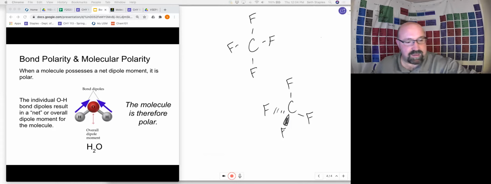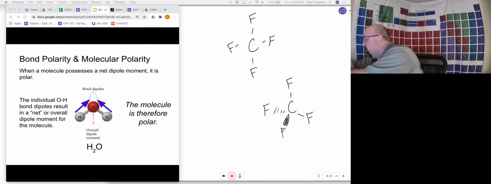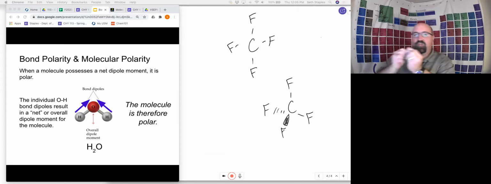Now remember that's what we're talking about, a shape that looks like this. And so let's look at our polarities here.